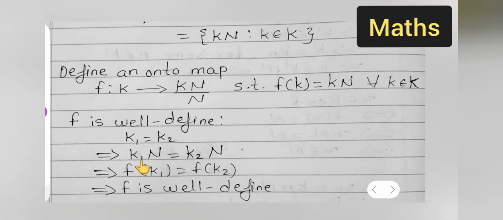Now this implies that k1 N is equal to k2 N. Now this implies f of k1 is equal to f of k2, because f of k is equal to kN, so we are using this over here. So this implies that f is well defined.